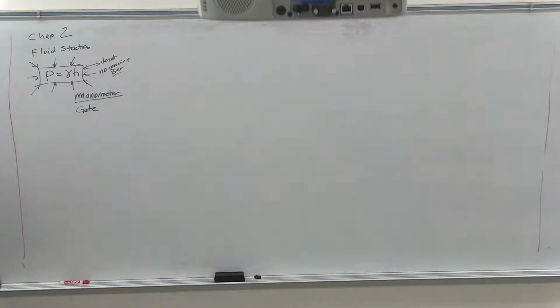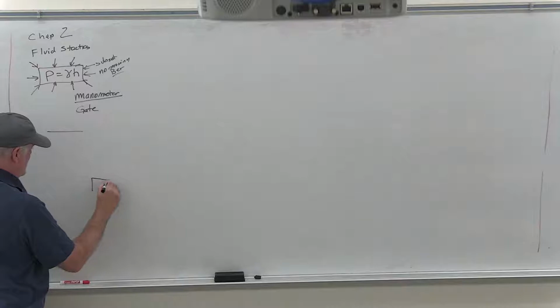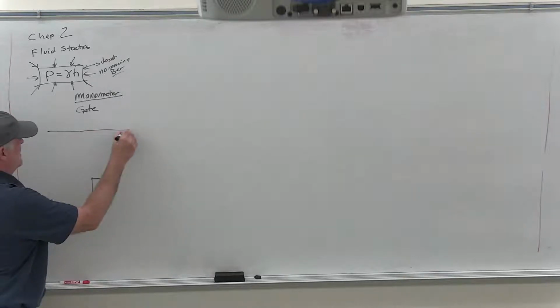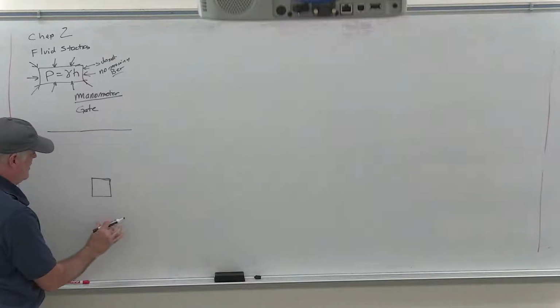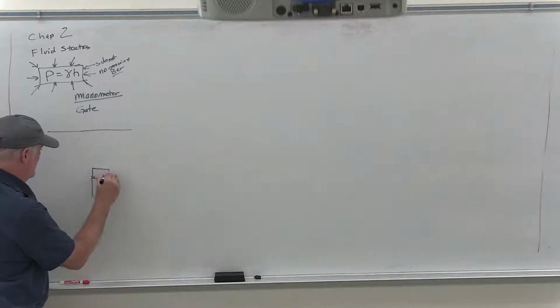You could look at it like, if you take a submarine, I'll take it as a box, say. People don't make submarines as boxes, but if you took it as a box and you took it down under the water, you would find you'd have a pretty large pressure here on the top.